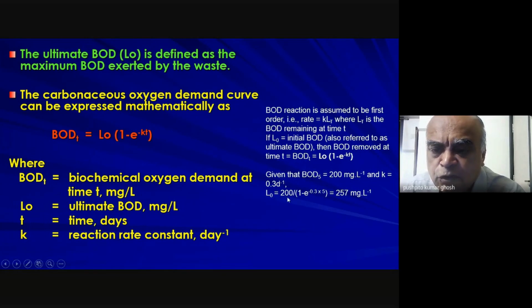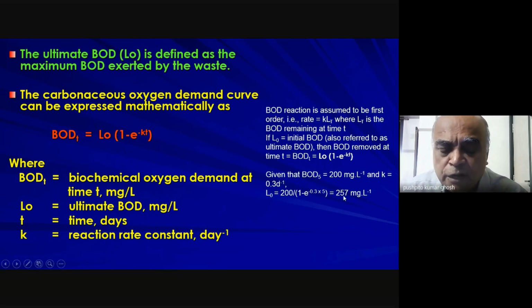L0 is equal to 200 divided by 1 minus exponential minus 0.3, which is my k, times time 5. So it would be 257 milligrams per liter, which would be my ultimate BOD. Otherwise, sometimes you could be fooling yourself, thinking that the BOD of your sample is lower than what it really is, because what it really is, you will get from the ultimate BOD value.